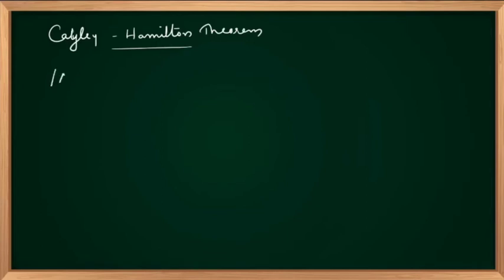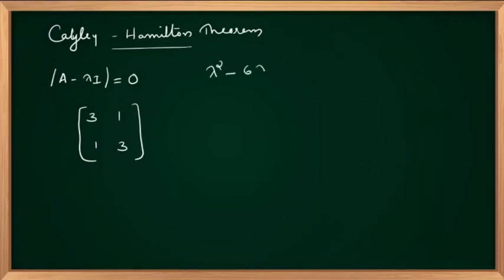That is, if you get the characteristic equation of any matrix from the determinant of A minus lambda I. For example, I'm taking our matrix which we normally use. For this particular matrix, the determinant of A minus lambda I was lambda square minus 6 lambda plus 8 equal to 0, correct?